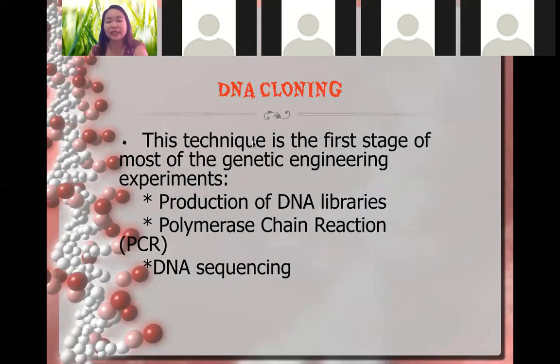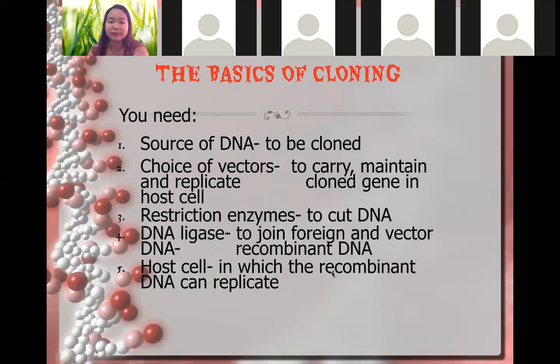So this technique is the first stage ng genetic engineering when you alter the genes already. So this includes production ng DNA libraries, polymerase chain reaction, and DNA sequencing. And so for the basics, you just need the DNA to be cloned, anong vector, so to carry, maintain, and replicate the cloned gene in the host cell. So that could be most probably bacteria.